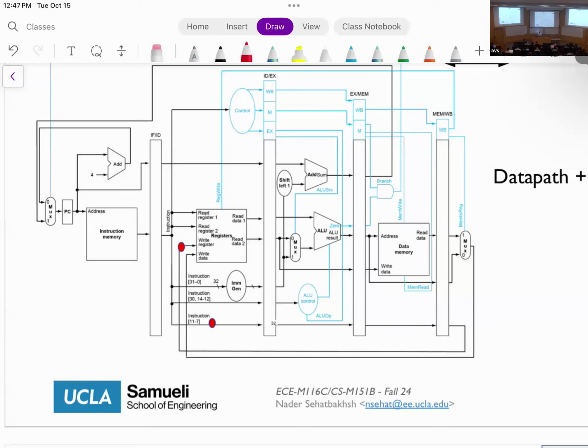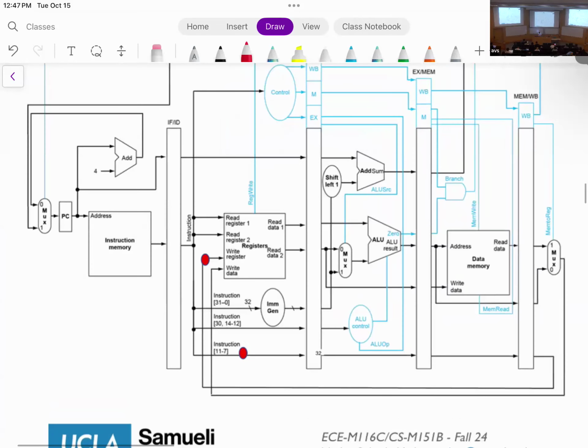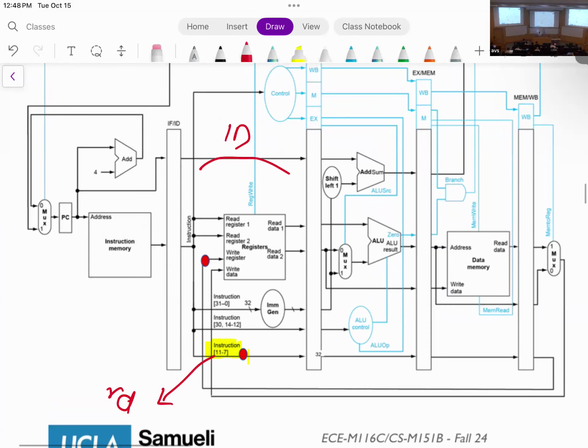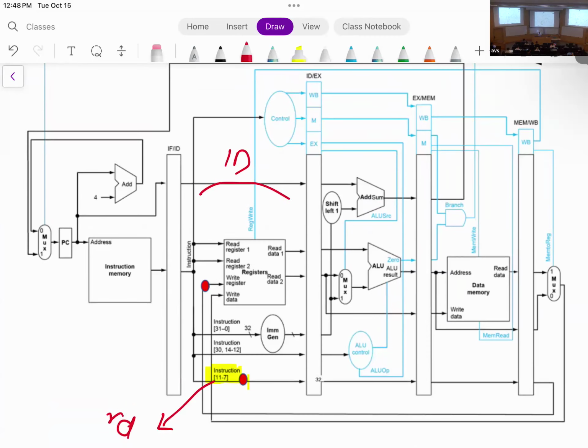That's a great question. The question is about write backs, and that's exactly this slide. As you can see, this point here is your RD, and it's created when the instruction is in the decode stage. That's exactly what we want. When we read the instruction, we want to see what the value of the RD is. The second thing that happens is that my register write is also created at this stage.